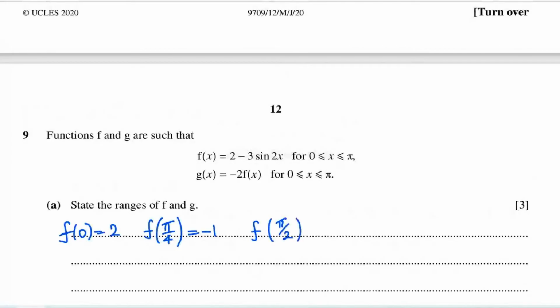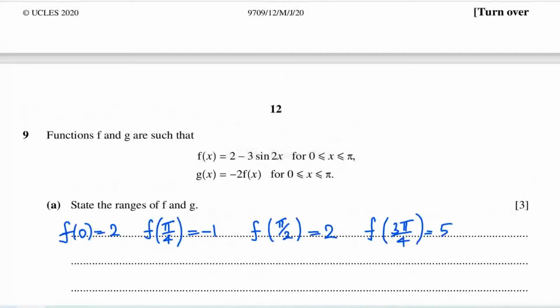So now I will get sine 2 multiplied by pi over 2 is sine pi, which is equal to 0, and we will take one more value, that is f of 3 pi over 4, which gives 2 plus 3, 5.